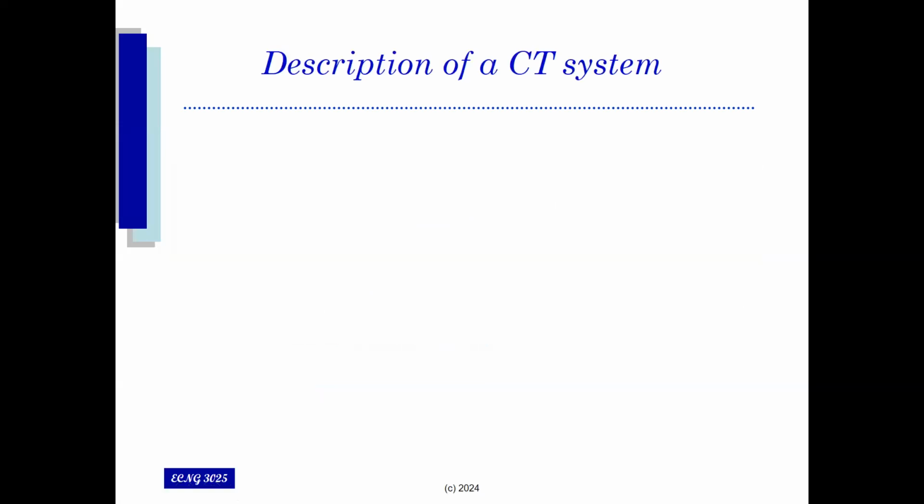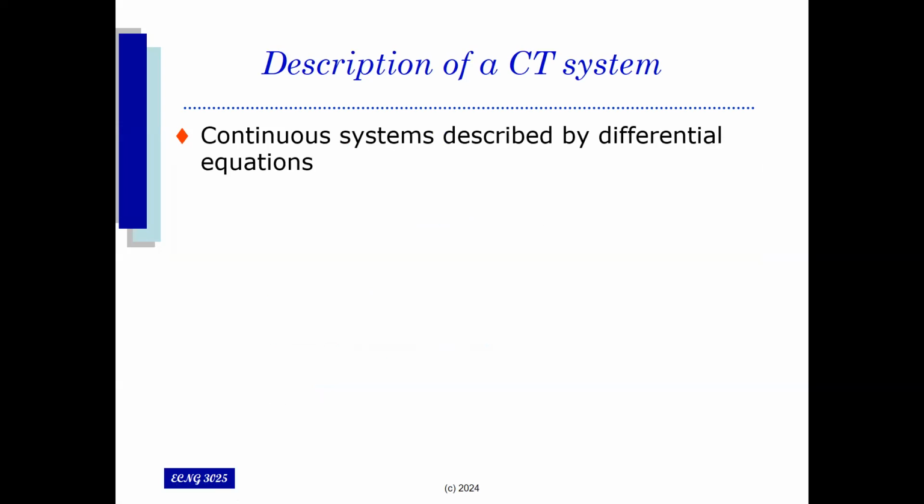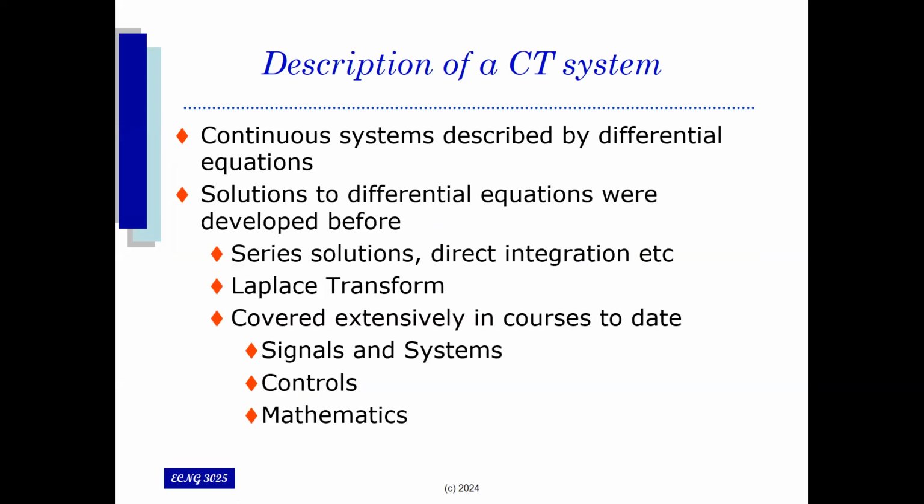Just a little bit of context here. You remember that the whole idea behind why we had to find a tool like the Laplace transform was that when you're dealing with continuous time systems, invariably the system is described by a differential equation.